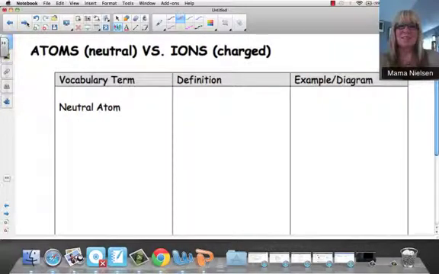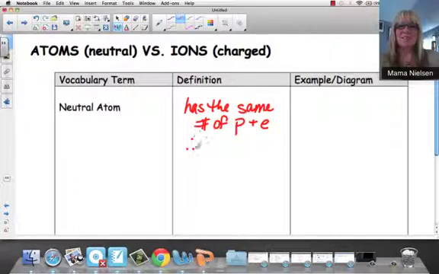All right, we're almost done. So let's talk about the difference between a neutral atom and an ion. Well, I kind of already hinted a little bit about that. You know that a neutral atom has the same number of protons and electrons.